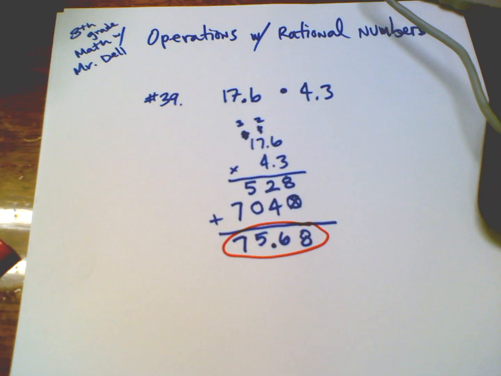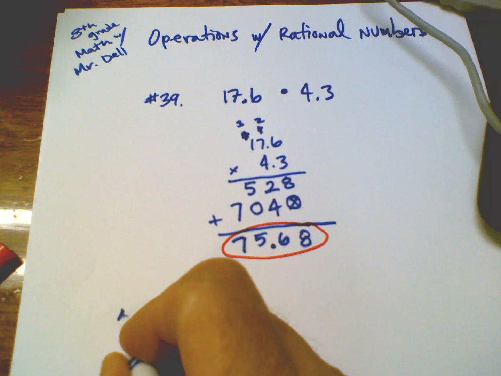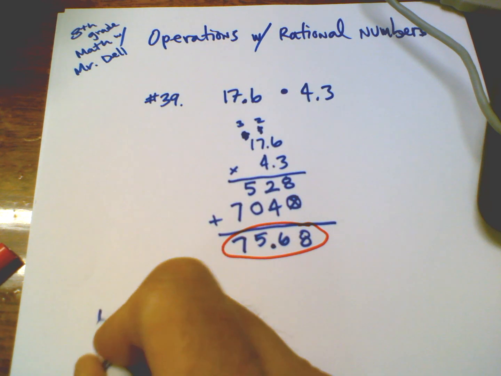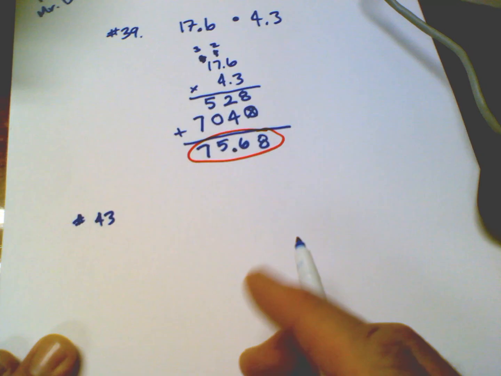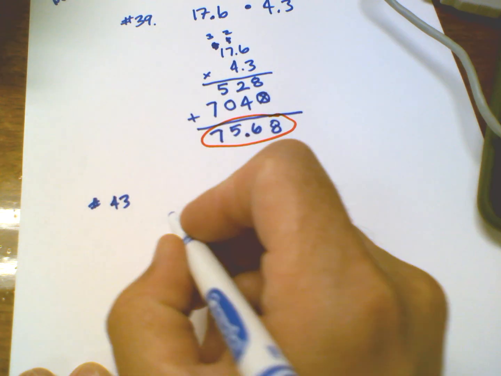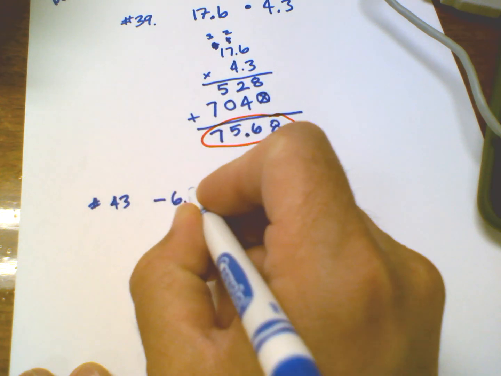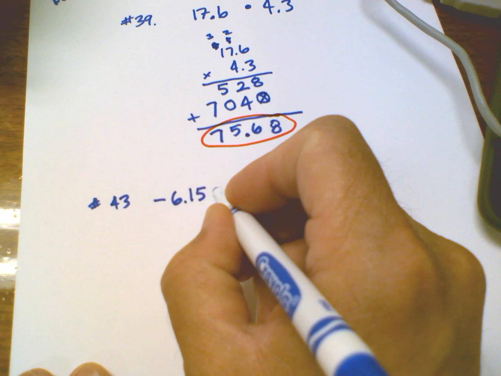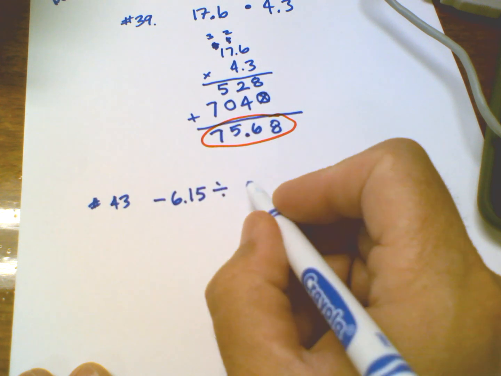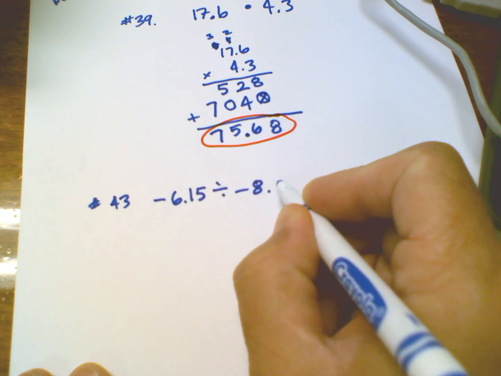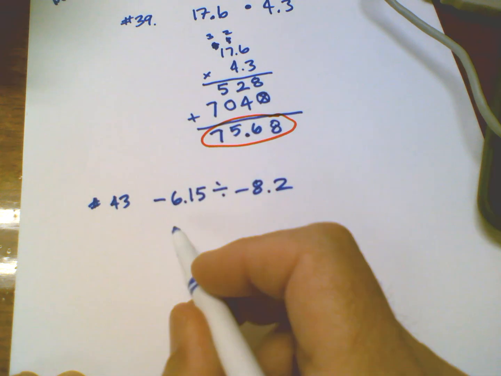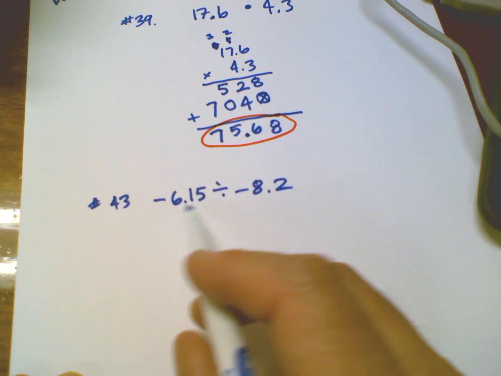So as well, let's do one with division. So number 43 I'll do as an example. So number 43 is negative 6 and 15 hundredths divided by negative 8 and 2/10. So right away, the first thing I'm going to look at is the signs.